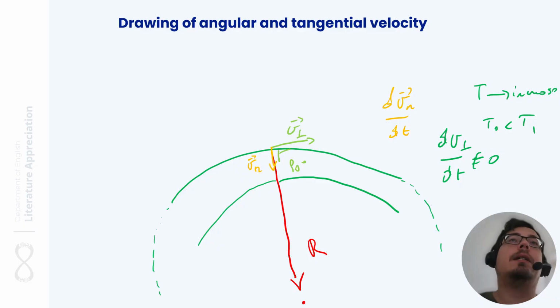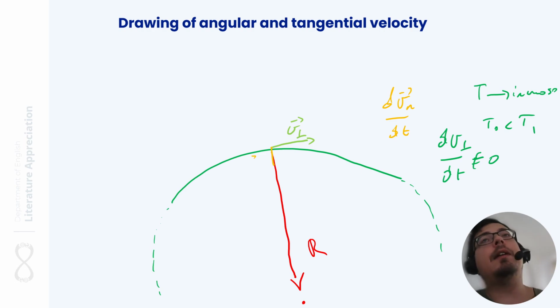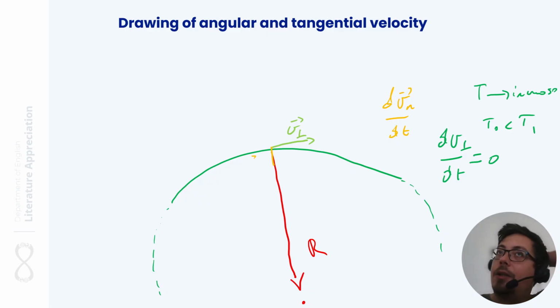But in our case, we said that we have no change in velocity along the radius, so the acceleration along the radius is the same, and there is no change in velocity along the tangential direction. So this is a uniform motion.